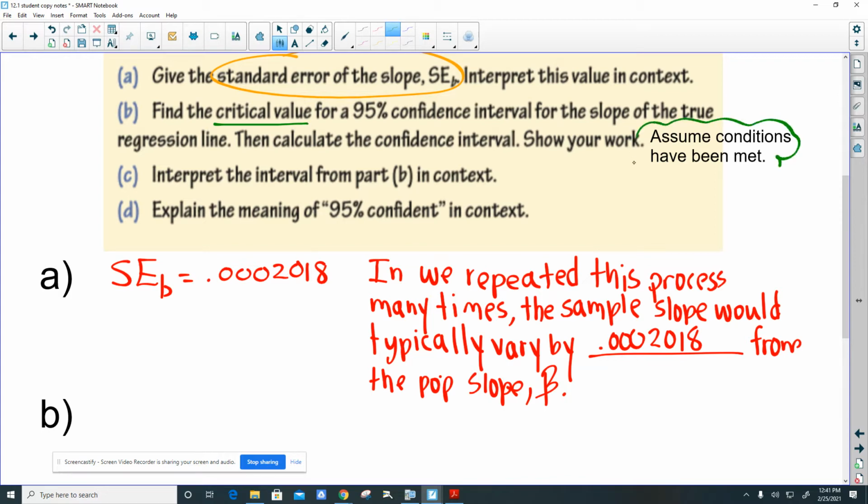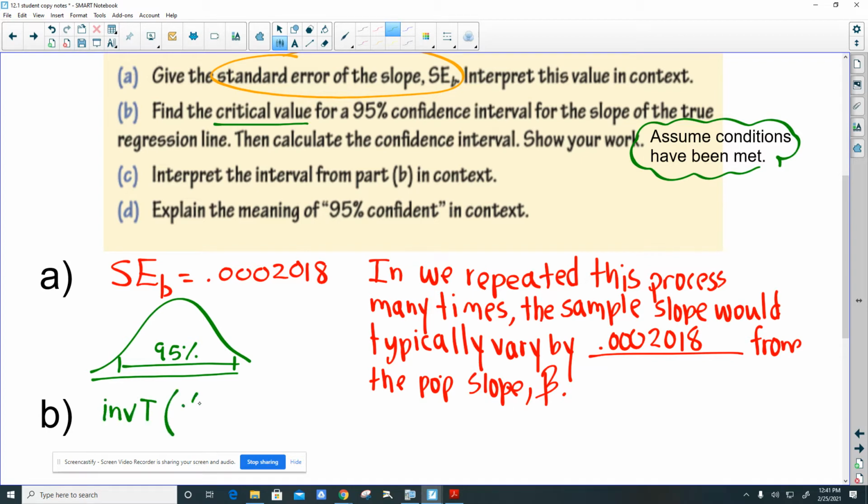Thank goodness we have this addition here, which says we're going to just assume that the conditions have been met. So our first step is to get that t-score. We said this was a 95% confidence interval, so that remaining 5% would need to be split in half, shared between each tail.